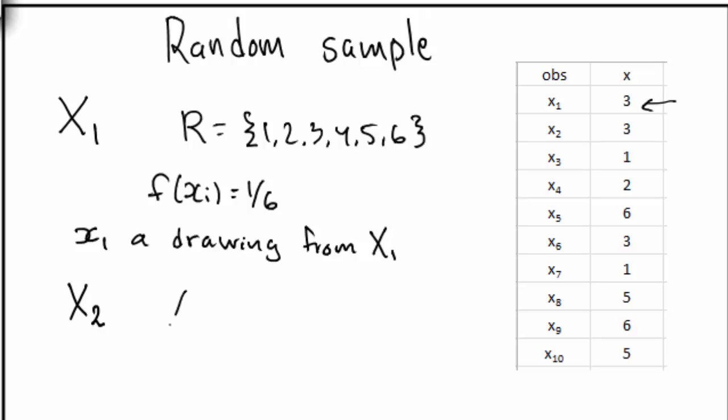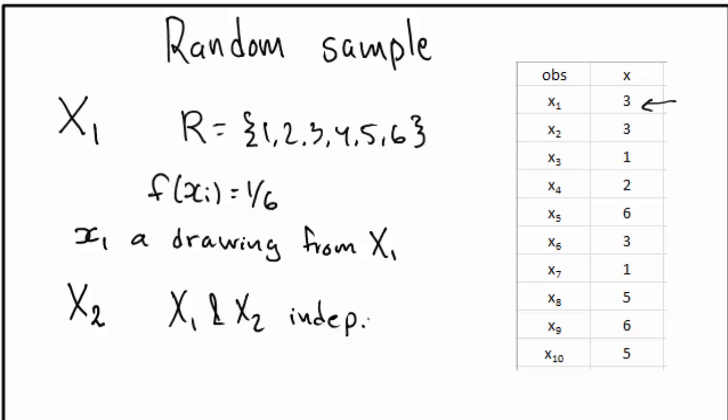And I can assume that X1 and X2 are independent random variables. In this case, that makes sense because the result of the first toss will not influence the result of the second toss. Small x2 is then viewed as a drawing from capital X2.